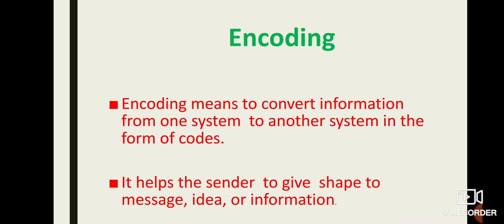The sender begins with the encoding process, wherein he uses certain words or non-verbal methods such as symbols, signs, body gestures, hand gestures, facial expressions, etc. to translate the information into a message. So this is the process of encoding, how the sender encodes the message.